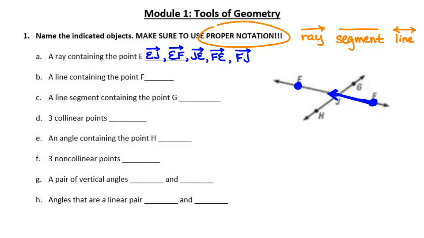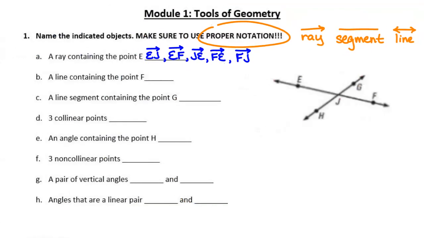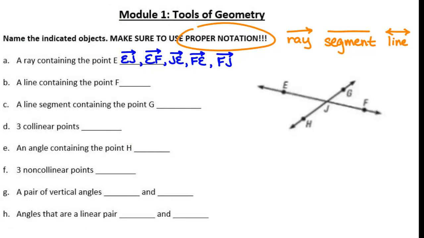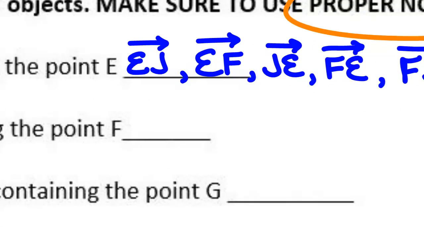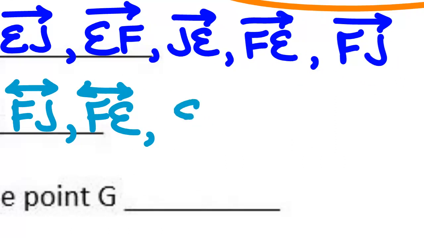For part B, we want to name a line that contains point F. So we could do line FJ. We could do line FE. And we could even do line EJ. Remember, with lines, it doesn't matter if my letters get flipped around, it's the exact same name.